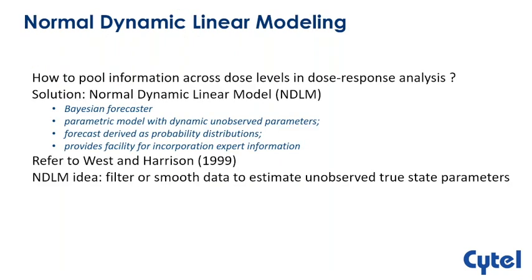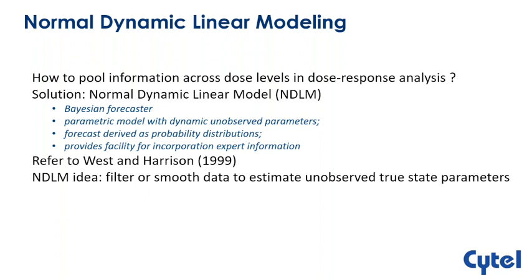Another type of Bayesian adaptive design is a normal dynamic linear model, or NDLM for short. It's a Bayesian forecaster, and it uses a parametric model with parameters that are updated after each cohort.